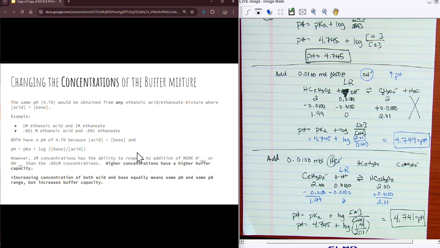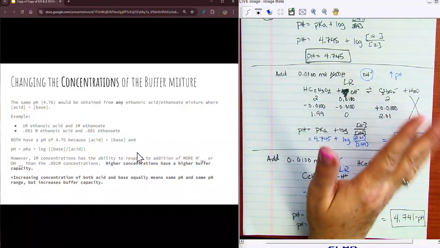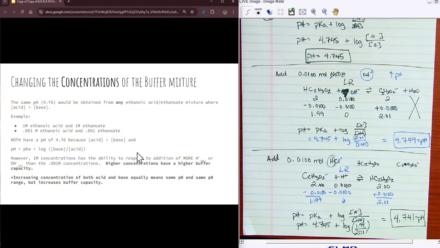So if we change the concentration of the buffer mixture, the pH is 4.76. This is acetic acid and acetate ion, so these are the organic names versus what we tend to use in AP, acetic acid and acetate, when you have the concentration of the acid equals the concentration of the base. Here's the point.